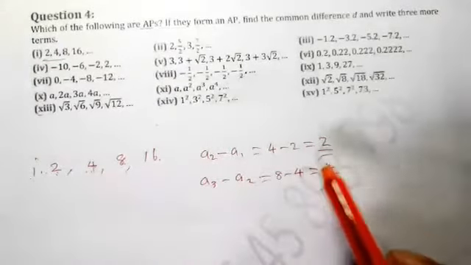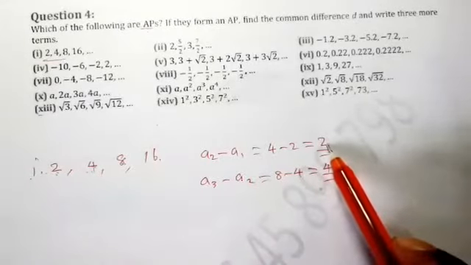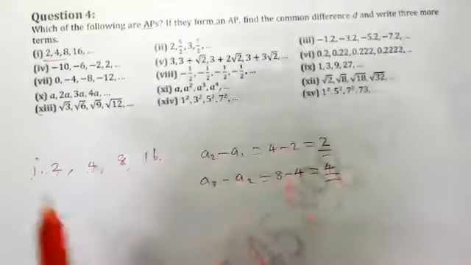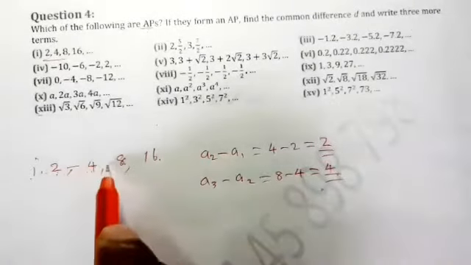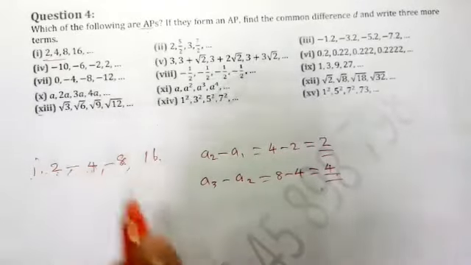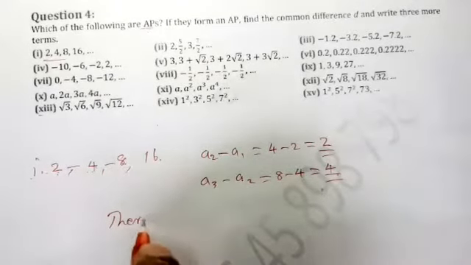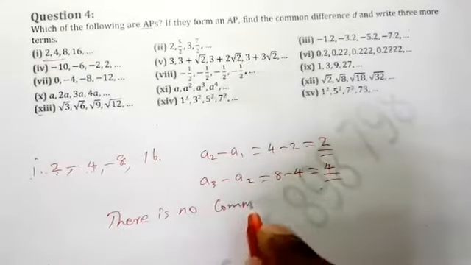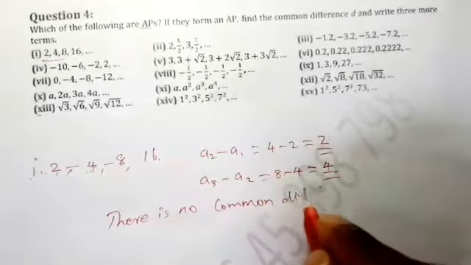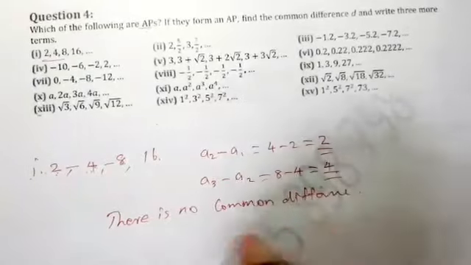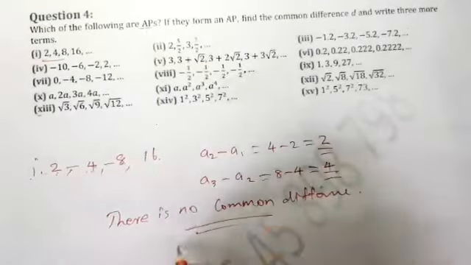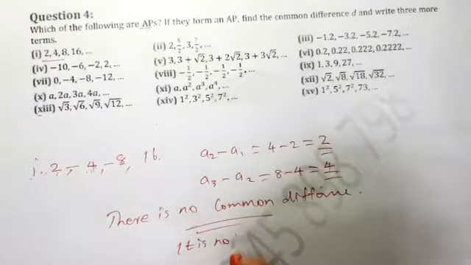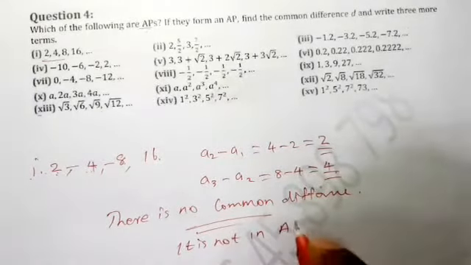The first difference was 2, now we got 4. So the difference is not the same. So there is no common difference. Therefore, it is not an AP.